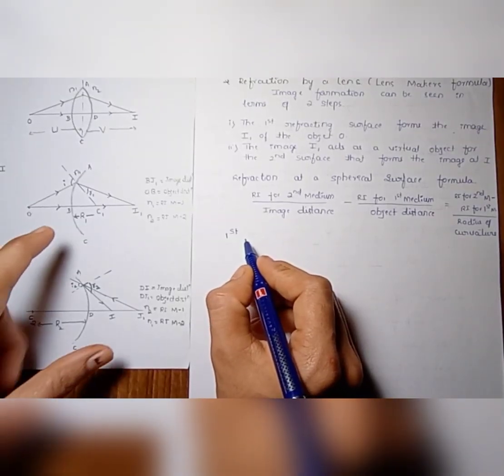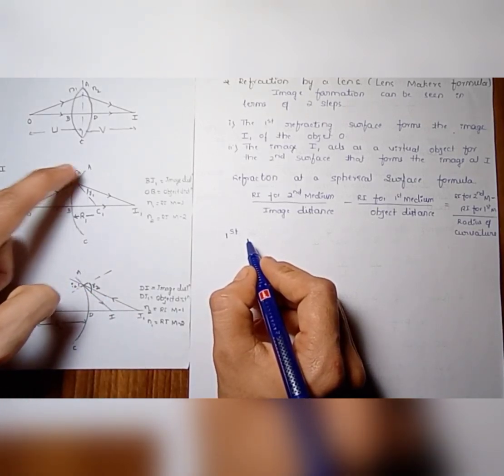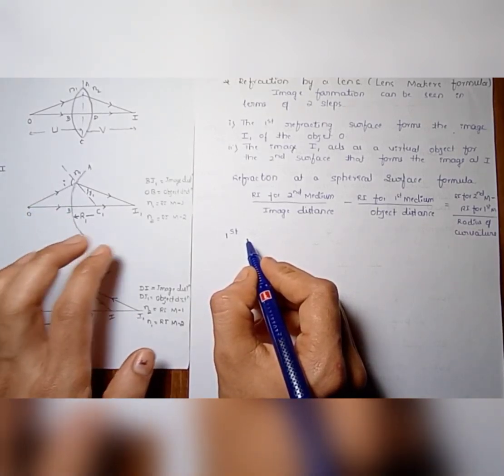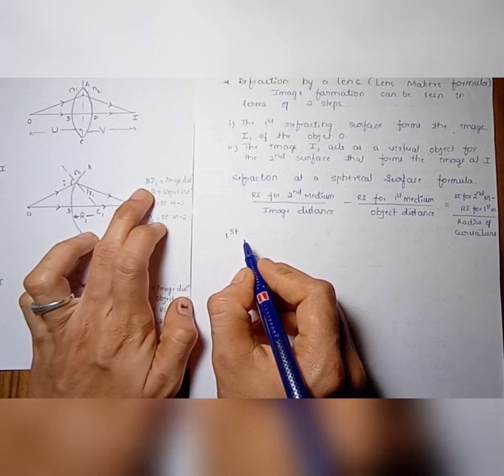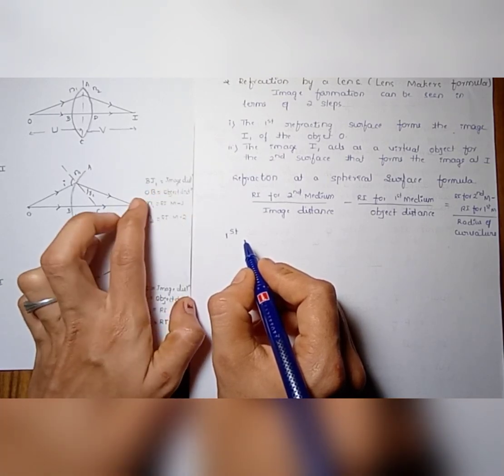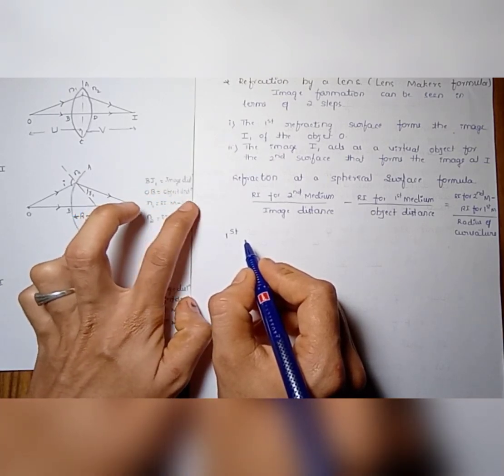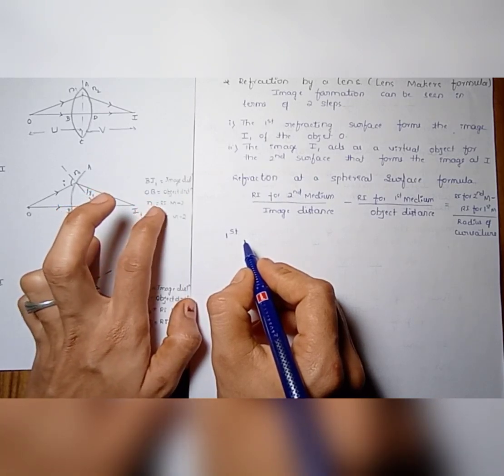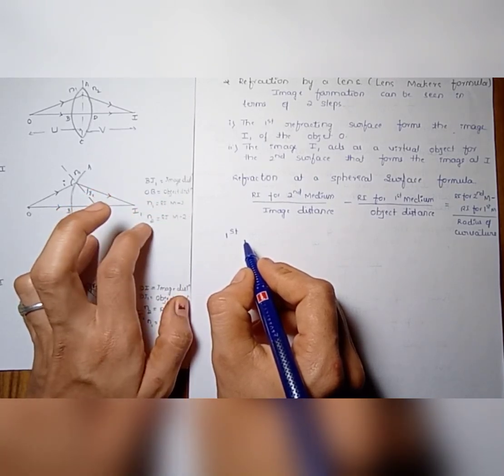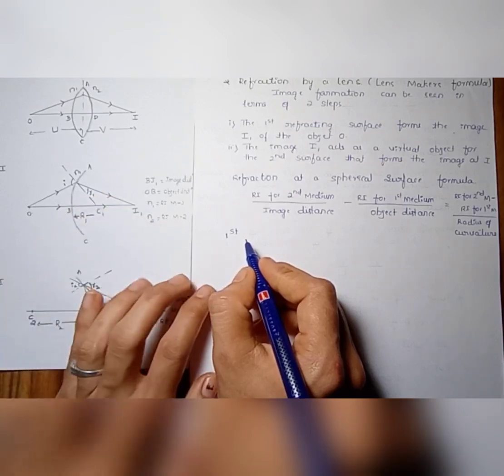Now, in the first case, what do we have to consider? The first refracting surface A, B, C. For the first refracting surface, BI1 gives the image distance, OB gives the object distance, N1 gives the refractive index of the first medium, and N2 gives the refractive index of the second medium.